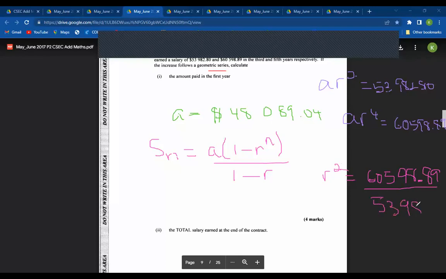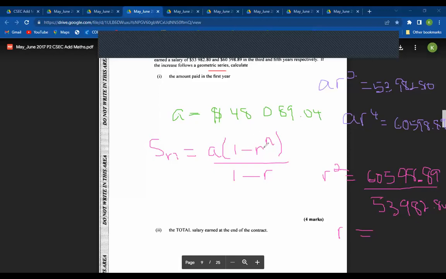Miss, we never did this part already. Yeah, we're just doing part 2 now. Kind of need part 1 for part 2. That's why I was saying I should have done it together. But you could just find a value for r here. You could use the decimal to make it easier when you substitute.